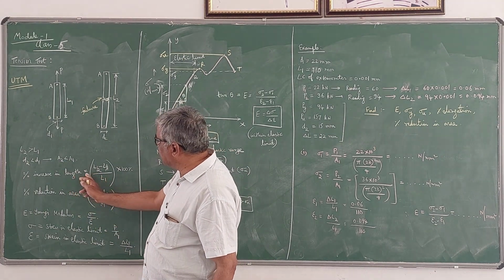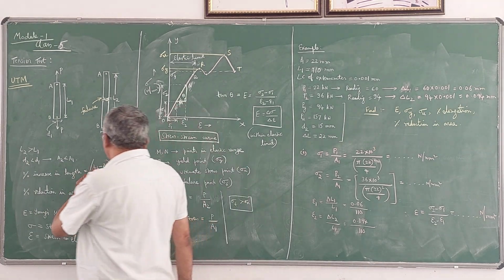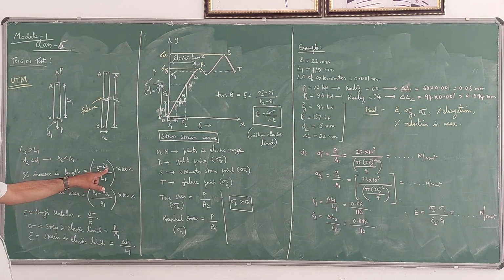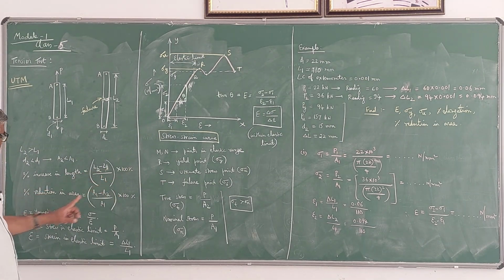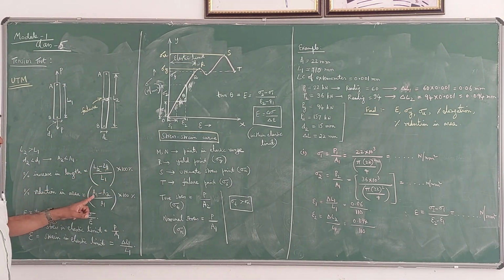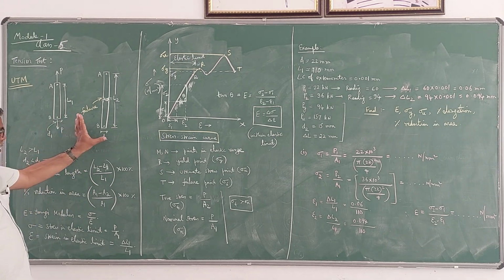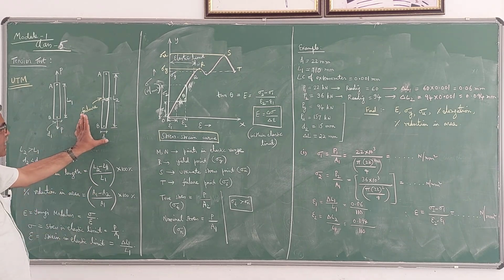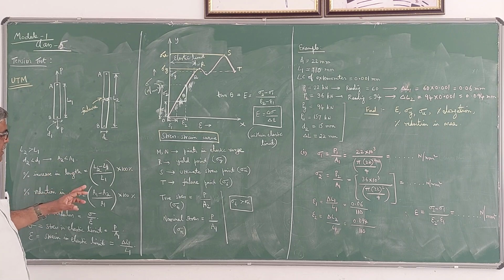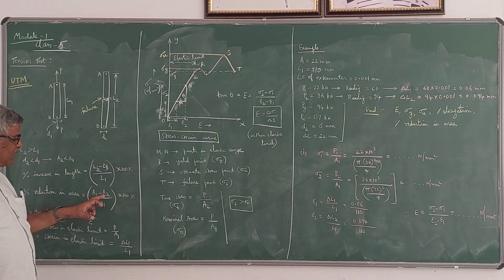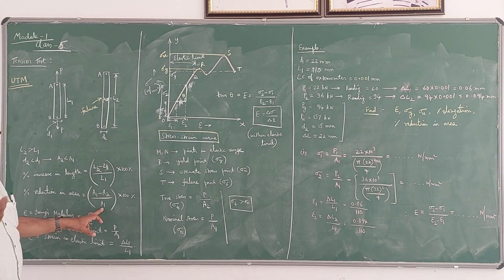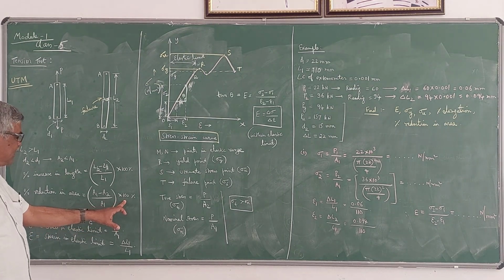Percentage increase in length we can calculate using this formula: final length minus initial length, divided by initial length, into 100. Percentage reduction in area is given by initial area A1 minus final area, because the area is reduced here, divided by initial area, into 100.